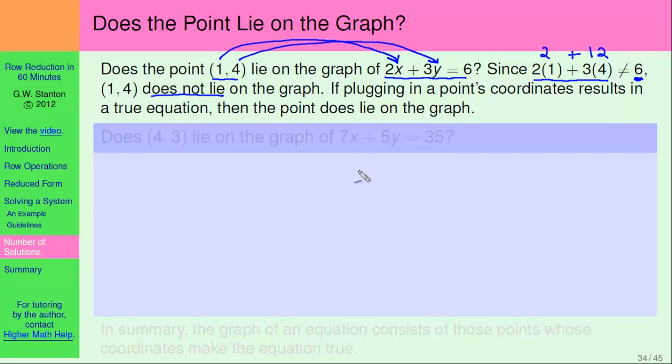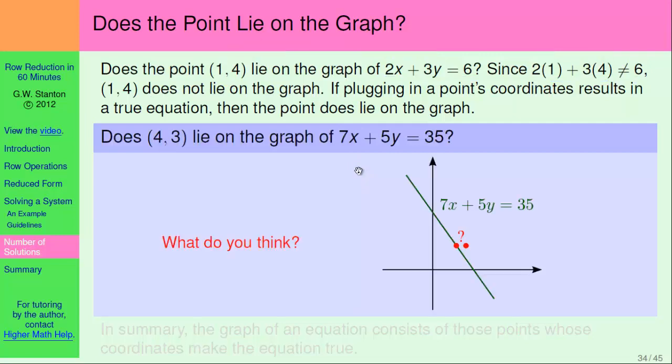So let's practice this with an example. Does the point 4, 3 lie on the graph of the equation 7x plus 5y equals 35? Let's see. So we'll plug 4 in for x, and then we'll plug 3 in for y, and what do we get?